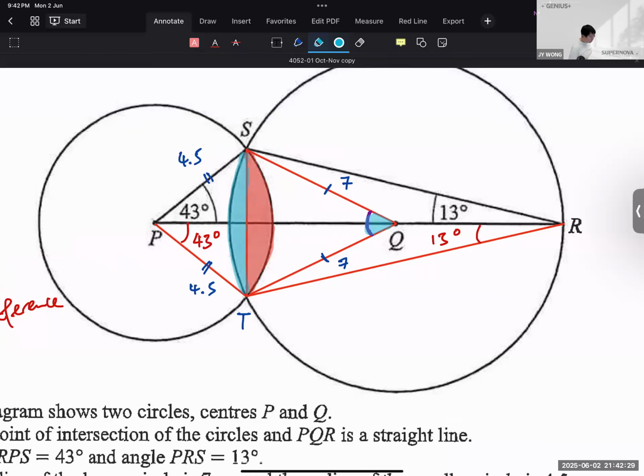What can you use? You can use sine rule. This is the triangle, right? You realize now that the answer will be very different if you use sine rule versus if it's a circumference, where this would straight away be 26 degrees.